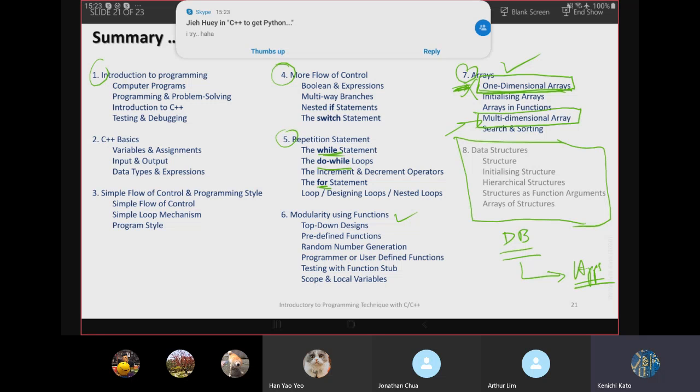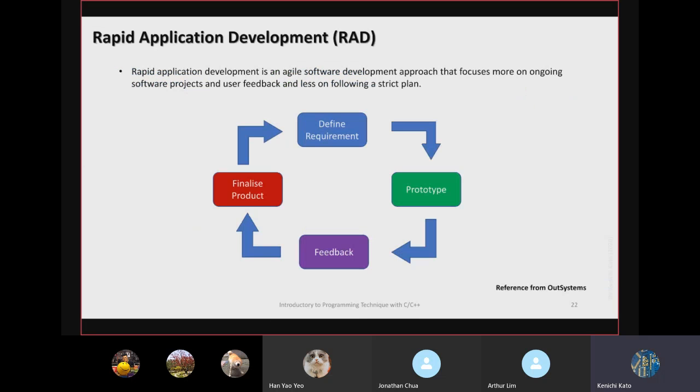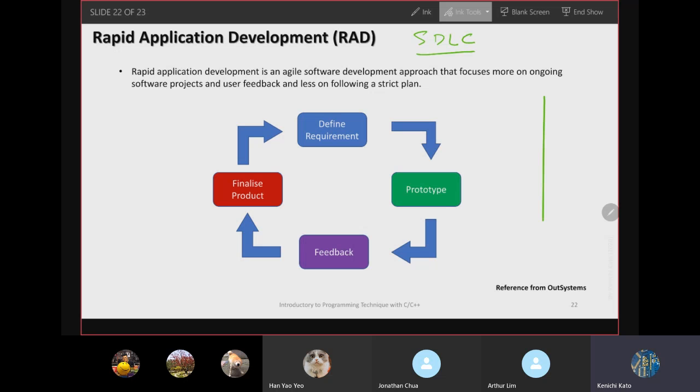Okay, I'm going to touch on a new term. It's called rapid application development. It's a bit more theory and information, so you just hear me out for a while. Now, traditionally, when you write any applications, there's this thing we call the SDLC.